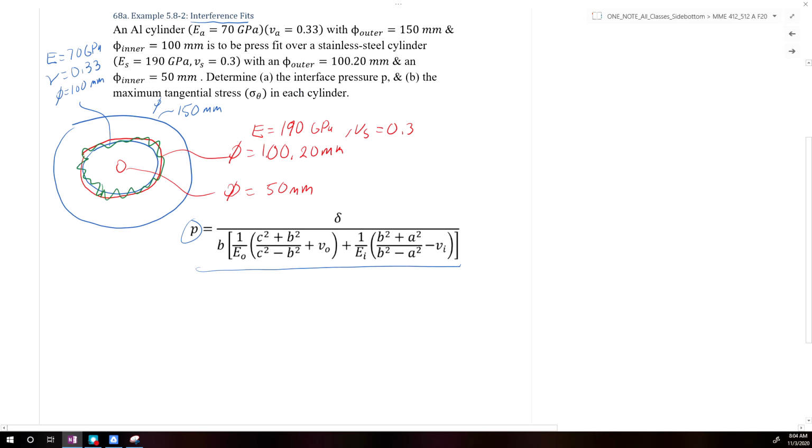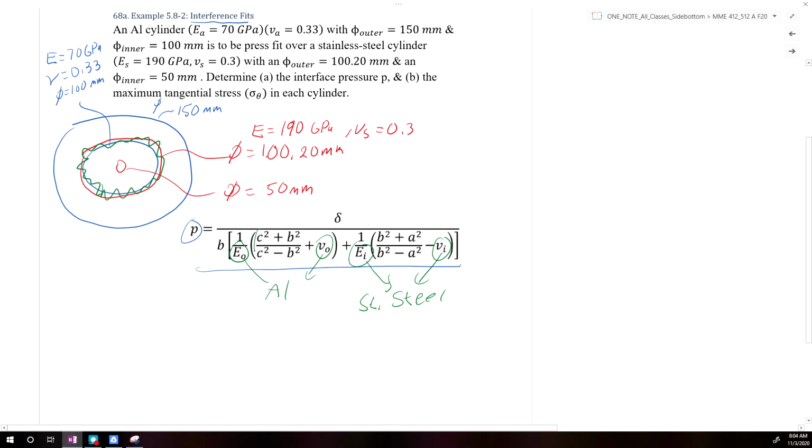The rest of the variables are given: the outer element material properties, which is for aluminum, and the inner material properties, which is for stainless steel. Then we have the inner and outer diameter.